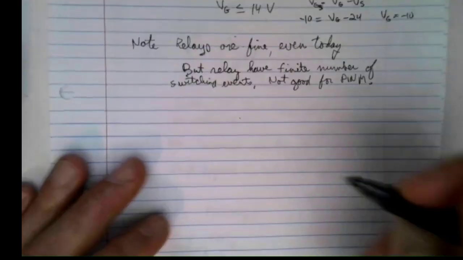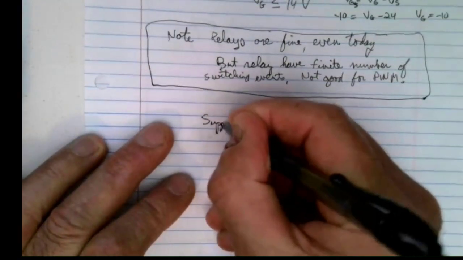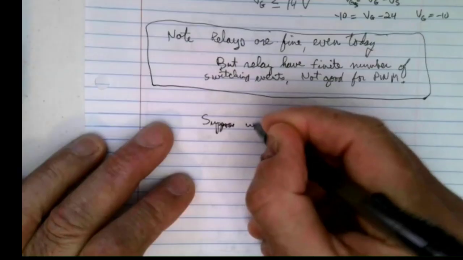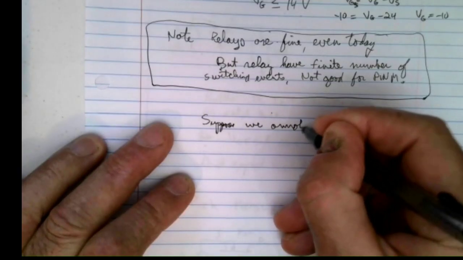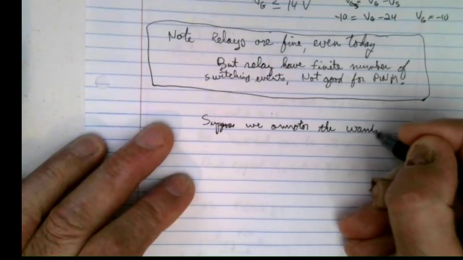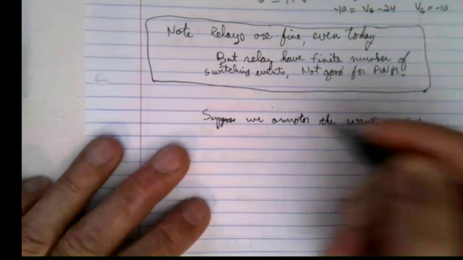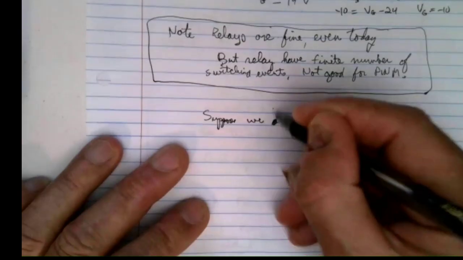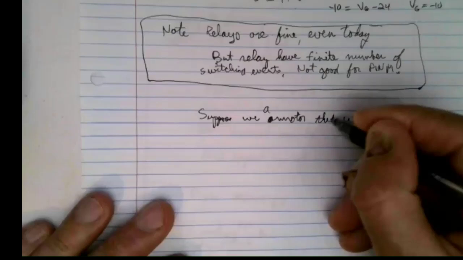So suppose, this is just a note now on the relay here, we have a motor that wants 15 amps of current.